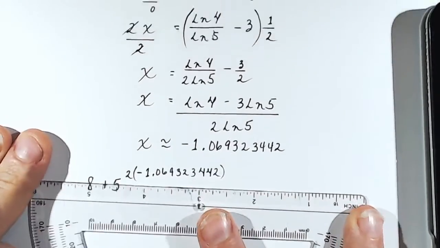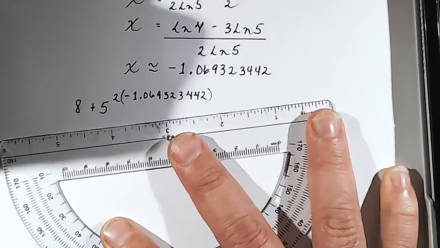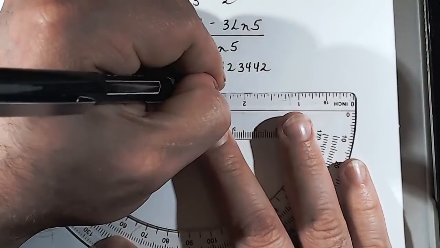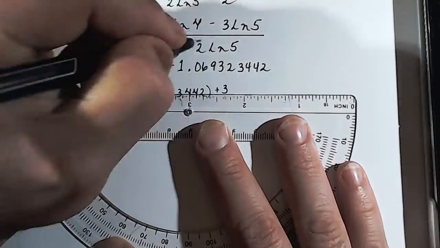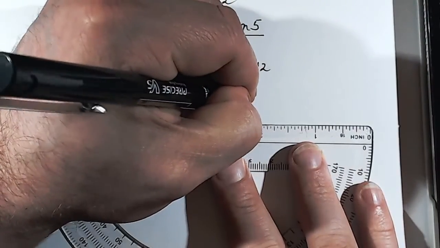And then what happens next? We do plus 3 after that. So let's go up here and do plus 3. And that is all supposed to equal 12.